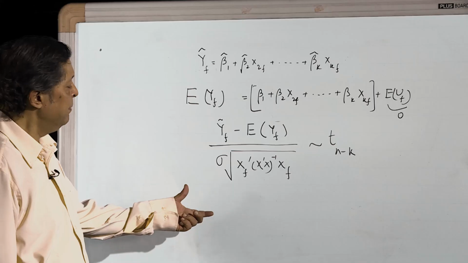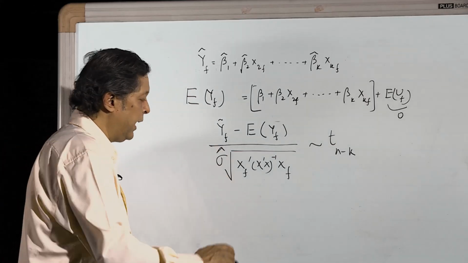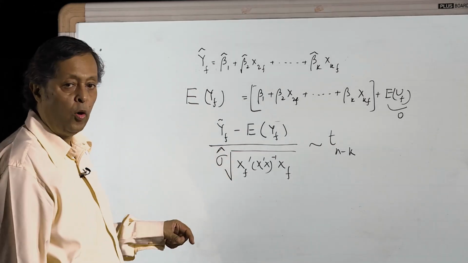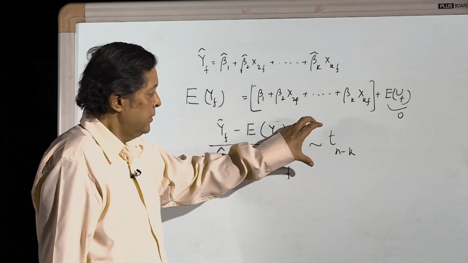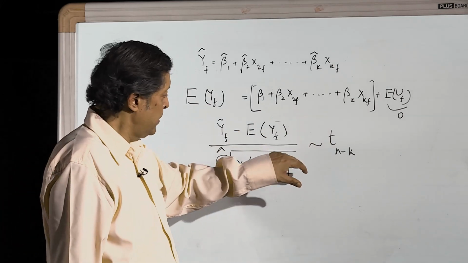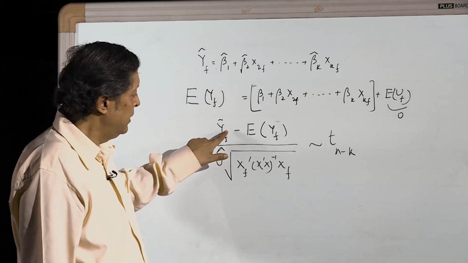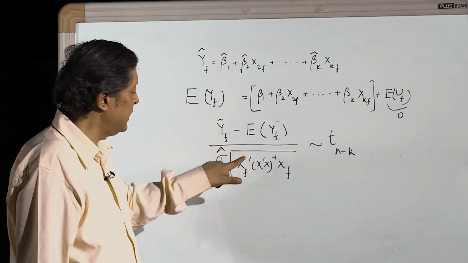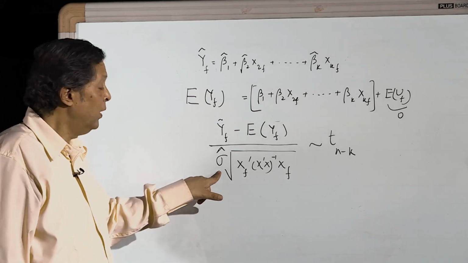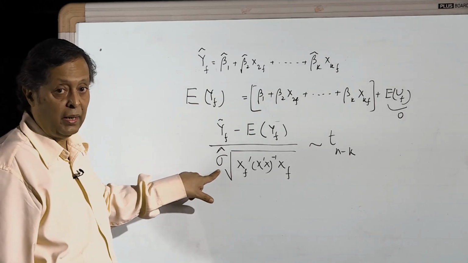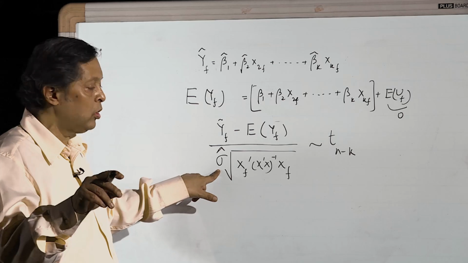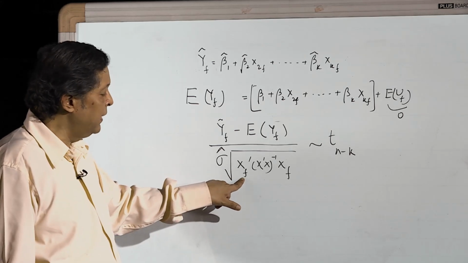This is the same result that we would have obtained if we had tried to form a distribution of any of the beta hats. So, this is the estimate minus the expectation of that, divided by, as you know, sigma hat, the square root of RSS by n minus k, and this is nothing but the variance covariance.